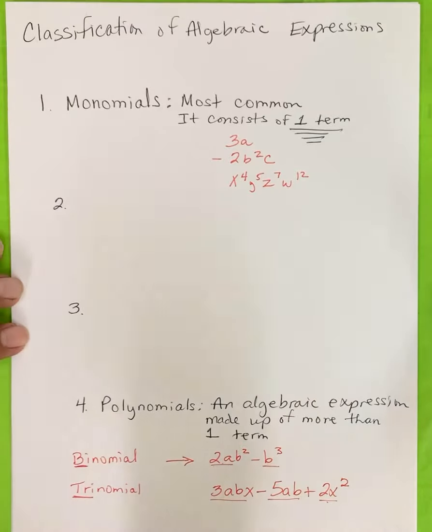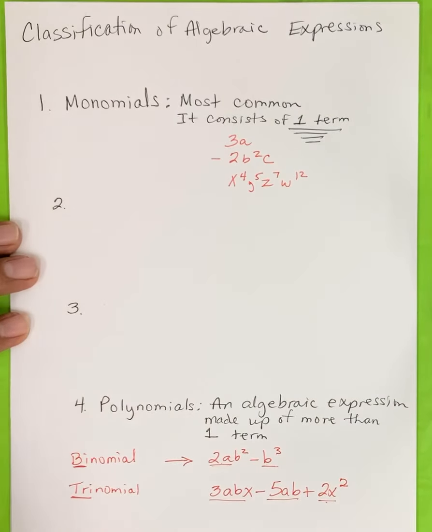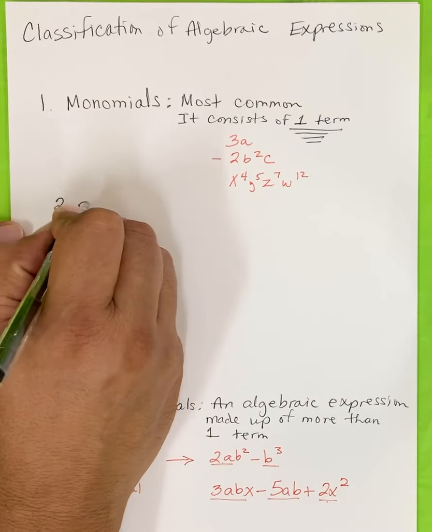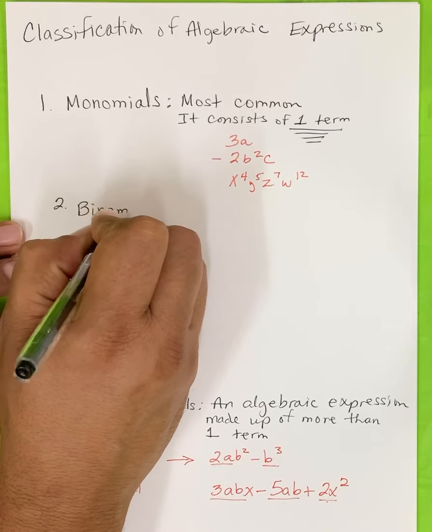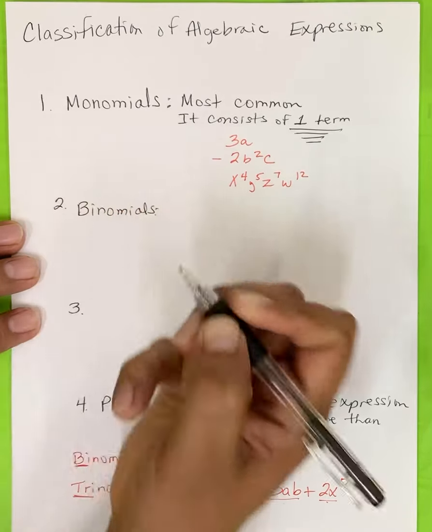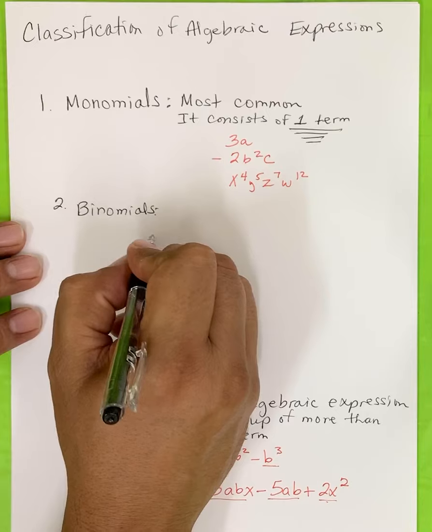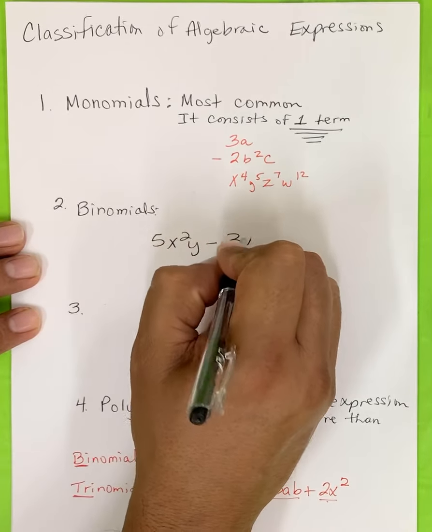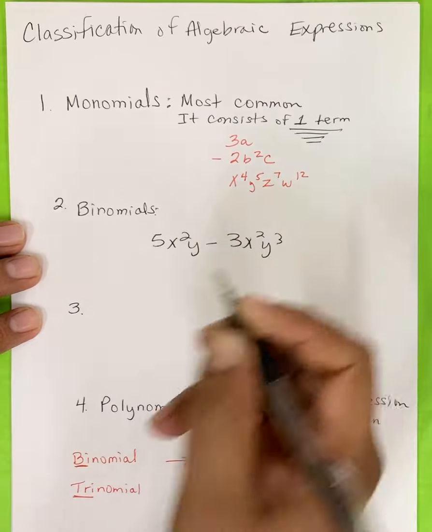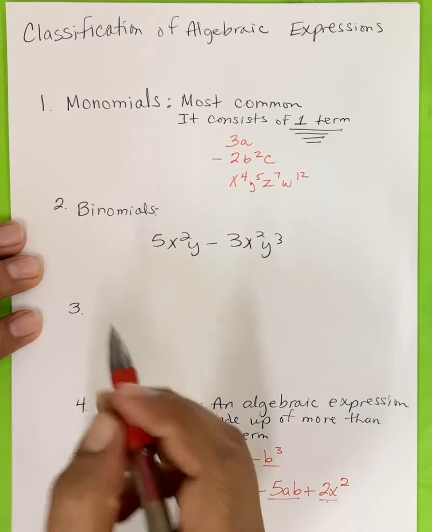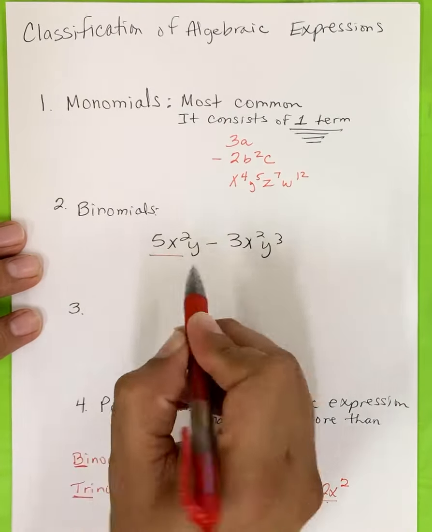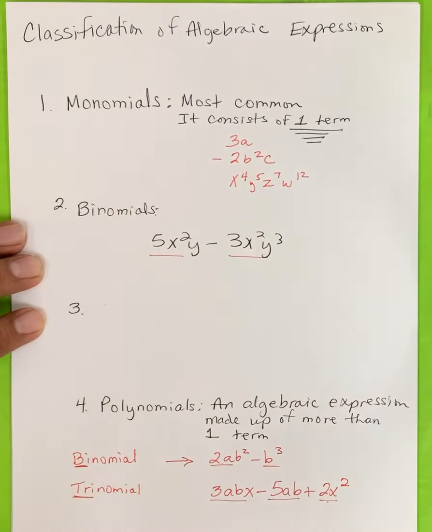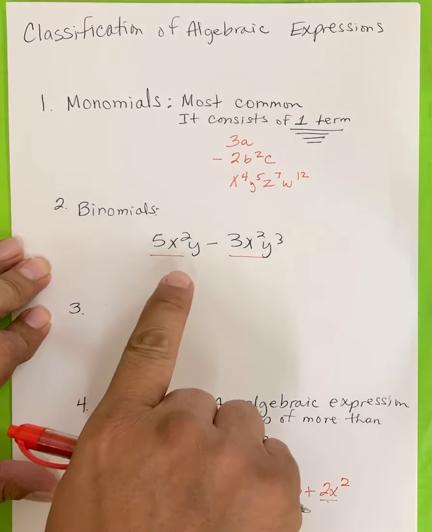Okay. Let me give you another example of binomials. Let's come on to example number 2, binomial. Another example of binomial would be 5x squared y minus 3x squared y cubed. Notice it has two terms, 1 and 2. So this is a binomial. Very clear, very simple right here.